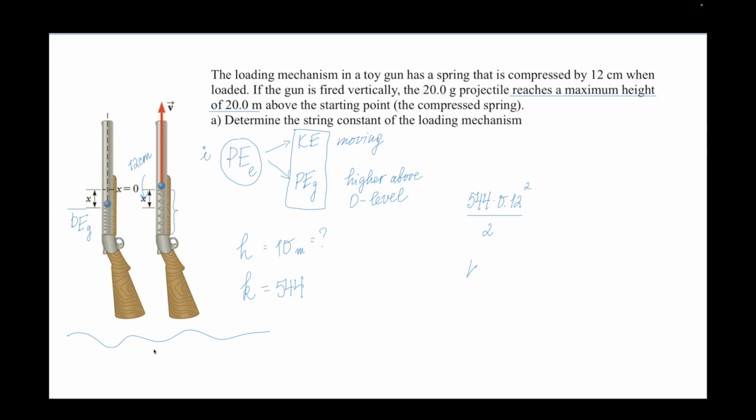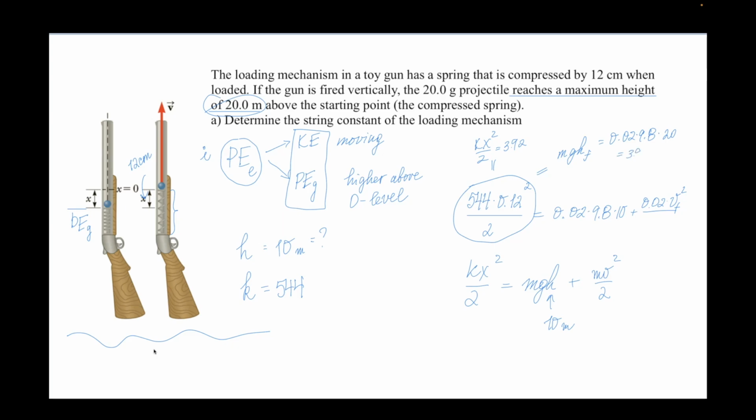So this right here is kx squared over 2, and it will be equal to mgh, where h is now 10 meters, plus mv squared over 2. I will get kx squared over 2 to be 3.92. Or if I got mgh final from where it was 20 meters, that will also be 3.92.